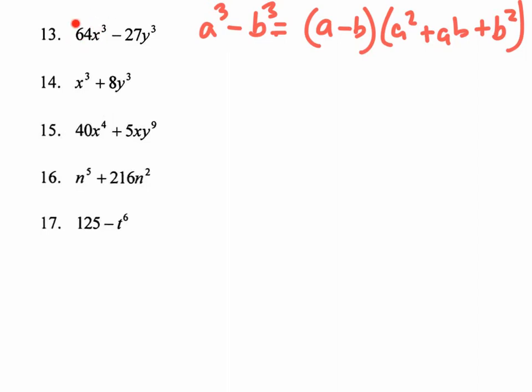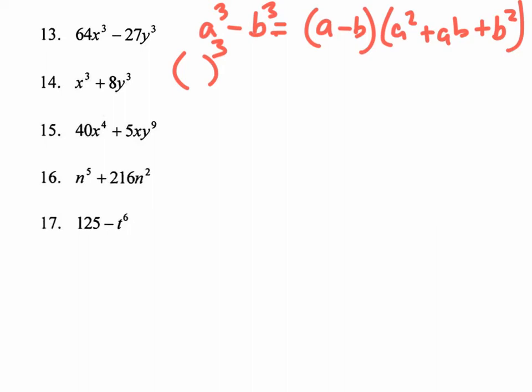Anyway, the thing is this: does this look like this? No, it doesn't. If I asked you what the a value is, you can't say 64, you can't say 64x. What you need to do is rewrite it as parentheses cubed and think what belongs right in here. Whatever belongs in here is going to be your a value. If you did say 64x, 64 cubed is going to be a huge number. That doesn't work.